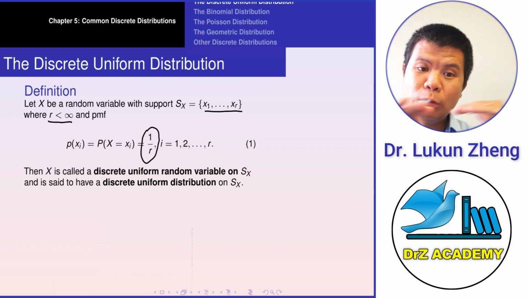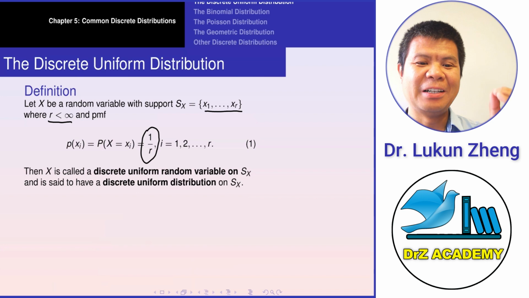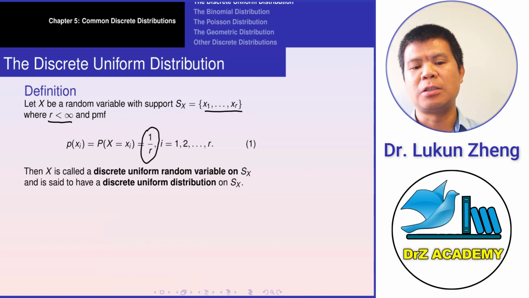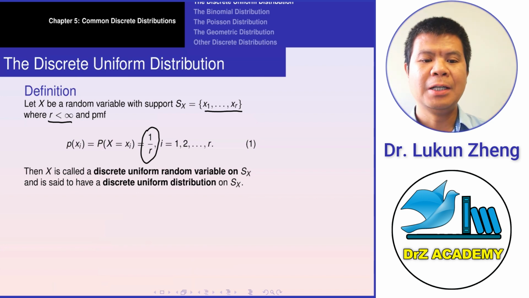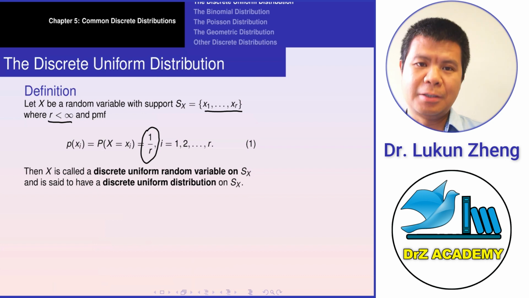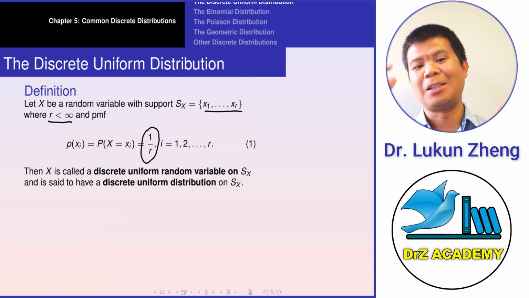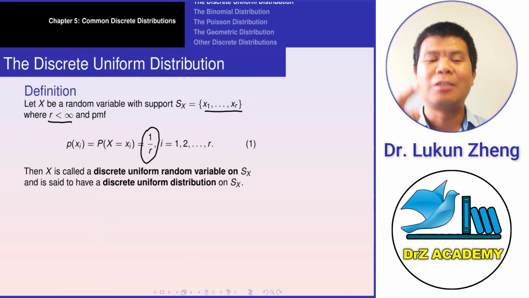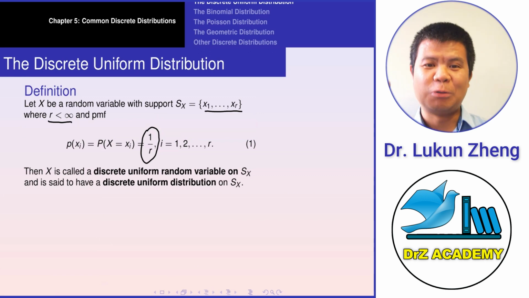So they are uniform, their probabilities are all 1 over r. Then x is called a discrete uniform random variable on S sub x, and it's said to have a discrete uniform distribution on S sub x. This is the definition for discrete uniform distribution.